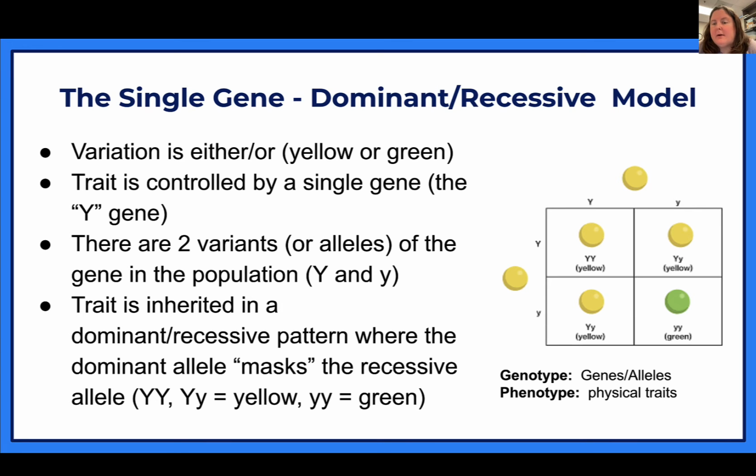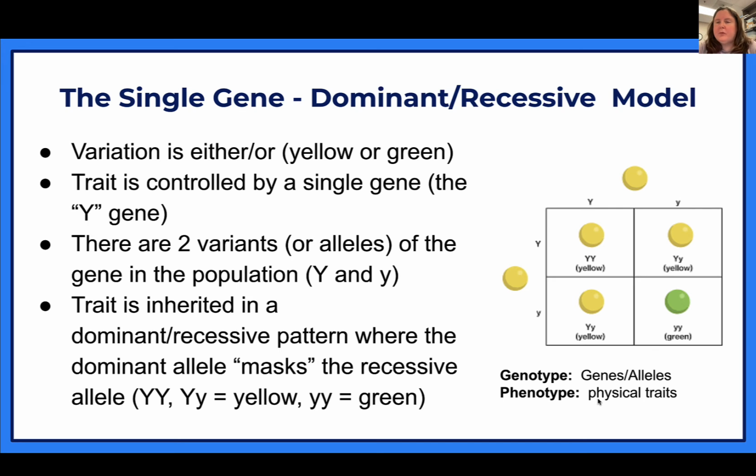The genotype is basically the genes, or the alleles in this case. The phenotype is the physical traits, so whether they're yellow or green. The probability of these parents having a yellow offspring is 3/4. The probability of these parents having a green offspring, or offspring that make green peas, is 1/4.